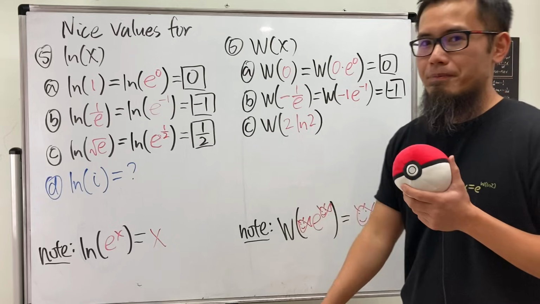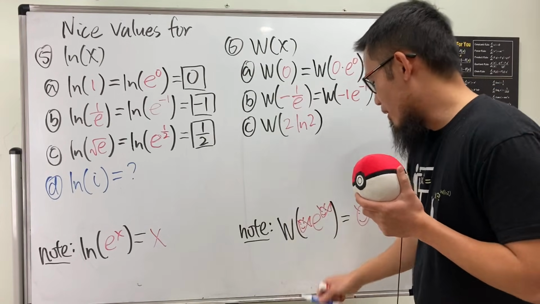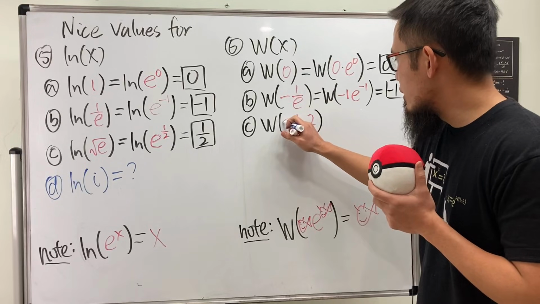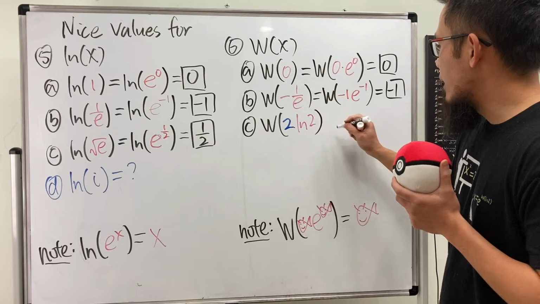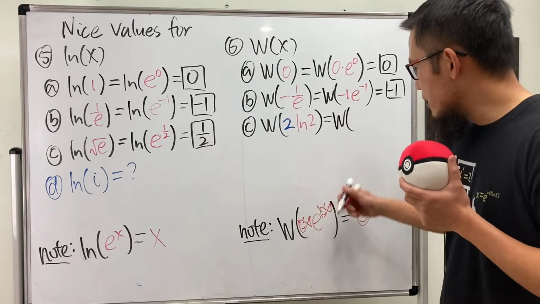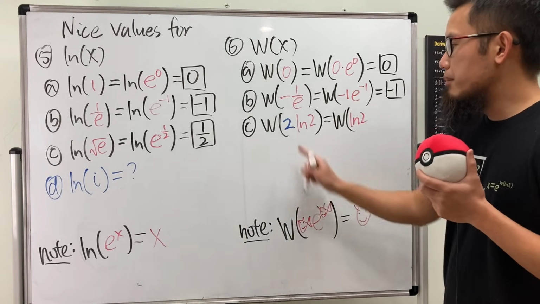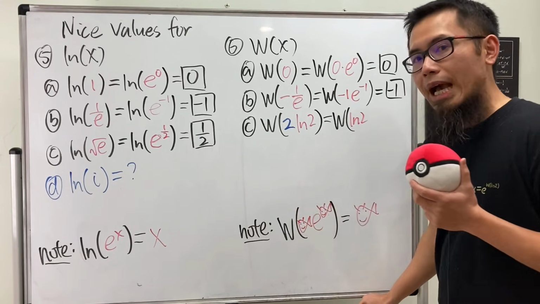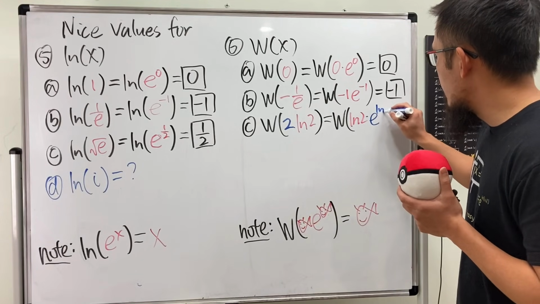Very nice. For this one, it's slightly trickier. I will have to use the blue marker. We have to pay attention to the number 2 right here. Let me first write down the W again. So we have W here. I'm going to keep the ln2 in red right here. So here we have ln2. But for this 2 in blue, we have to look at the 2 as e to the ln2.